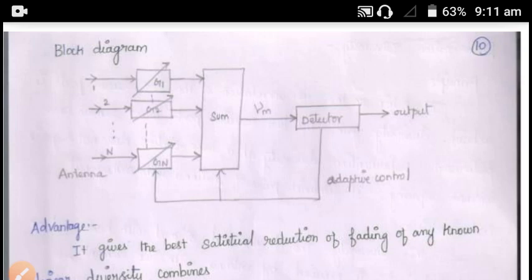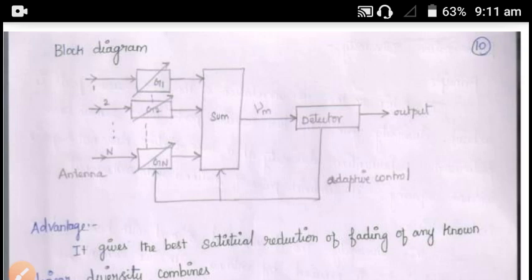Then they will pass on to the summer circuit. In the summer circuit the individual signals must be co-phased. They will set the phase before being summed up, which generally requires an individual receiver and phasing circuit for each antenna element.